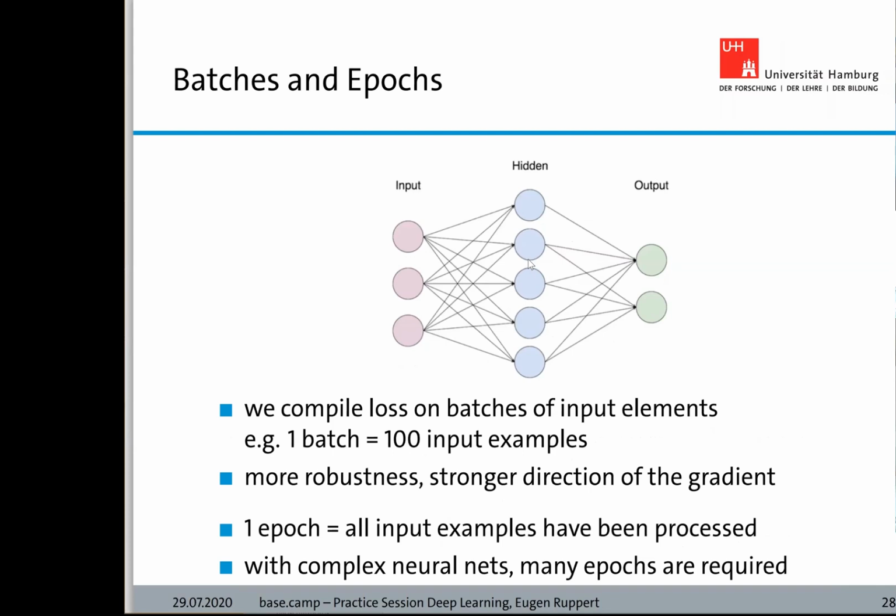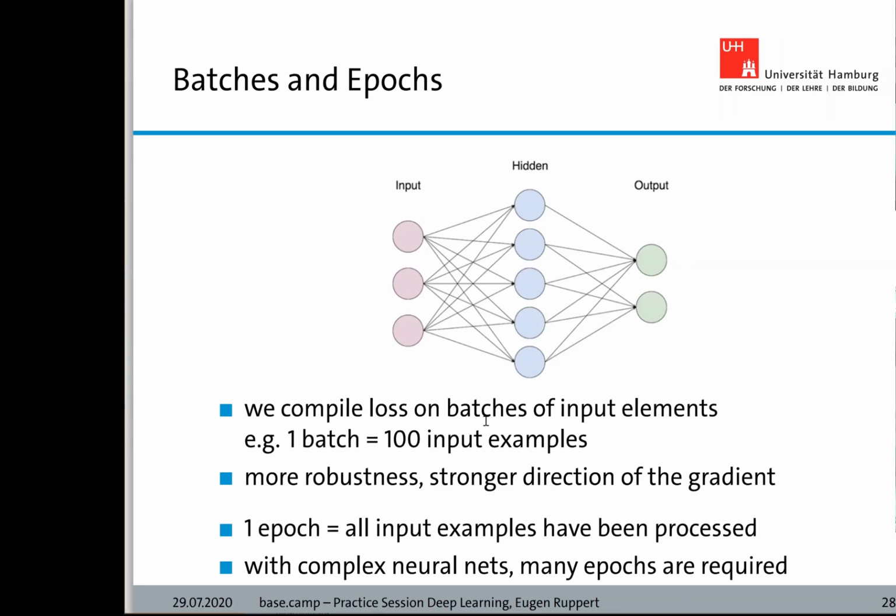And usually what you do is compute the loss on the output layer, not from one example, but you are taking mini batches, as they are called in deep learning. So maybe you're taking 20 examples or maybe 100 examples to get a more accurate estimation of what your actual gradients should be like, because one example is not that meaningful if you have a very large network.